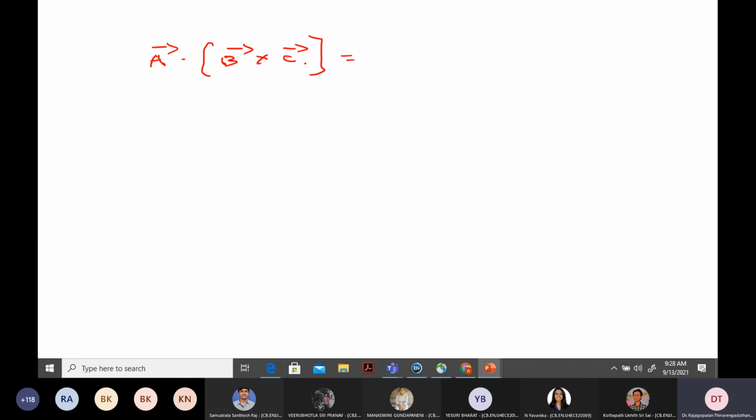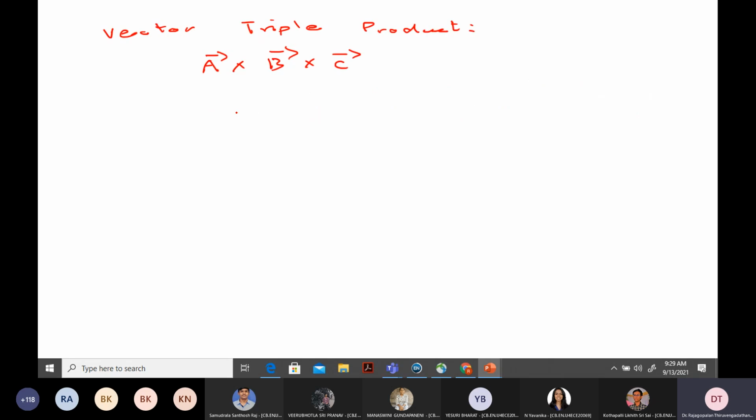We can write this more elegantly as A, B, C equivalent to B, C, A equal to C, A, B. You can prove this very easily. You can interchange the rows, you will get this. So this is what is called the cyclic nature, and this is a box product. You will get a value. However you operate, the minus will be removed because you interchange twice. So you can prove that easily. I want you to think about it.